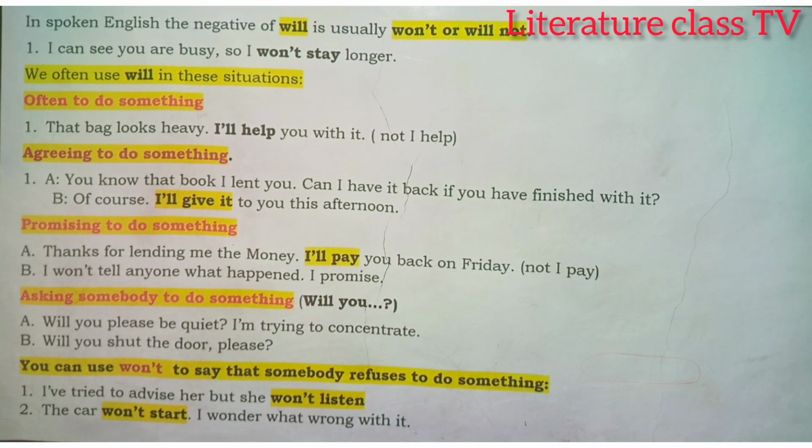Another situation: agreeing to do something. We use will in the situation where you agree with someone to do something. Example: A: You know that book I lent you, can I have it back if you have finished with it?